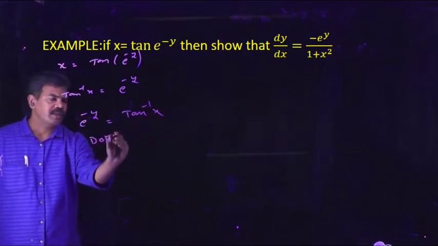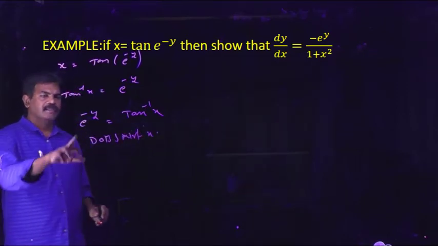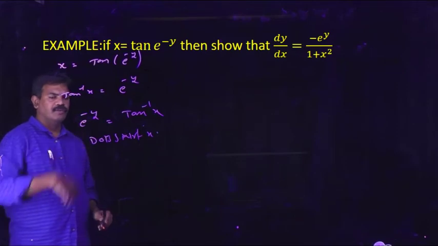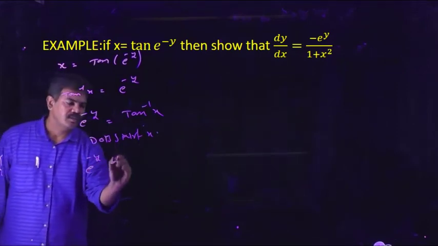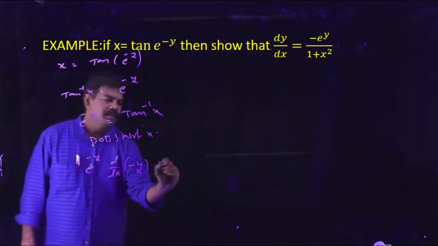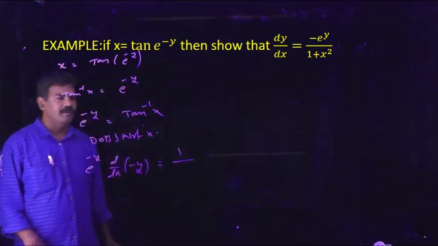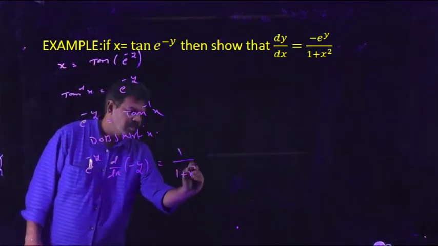Differentiating on both sides with respect to x. Here it is in the form of e power x. We know that derivative of e power x is e power x into d by dx of minus y. That is equal to, we know that formula for derivative of tan inverse x is 1 by 1 plus x square.